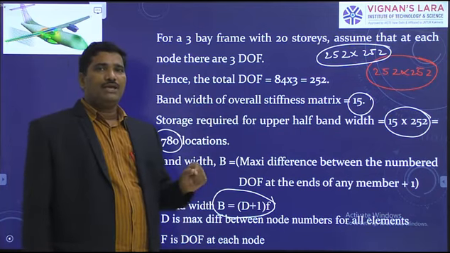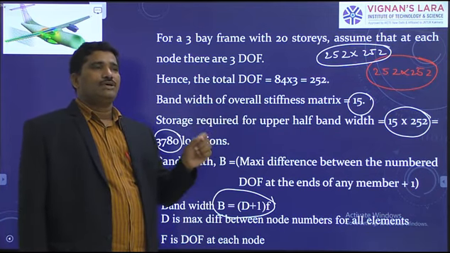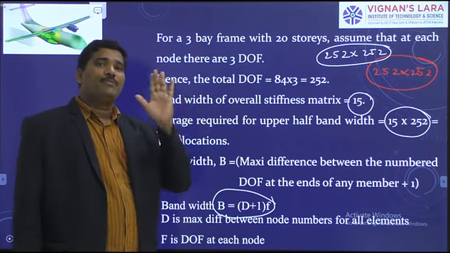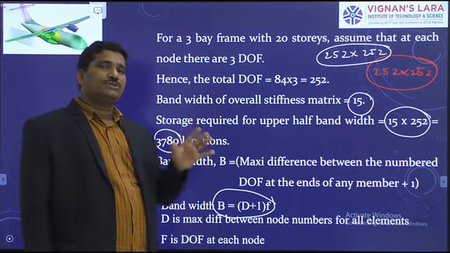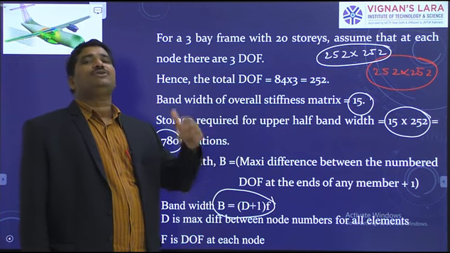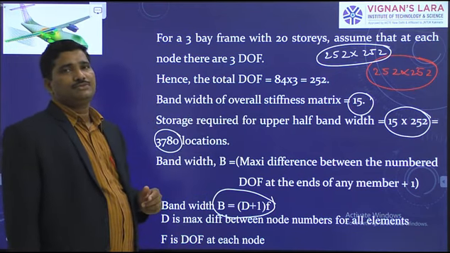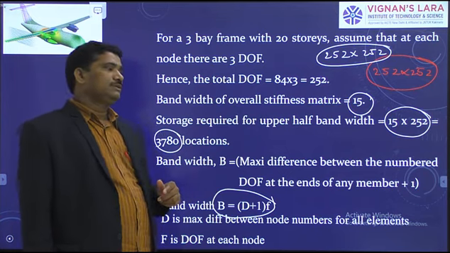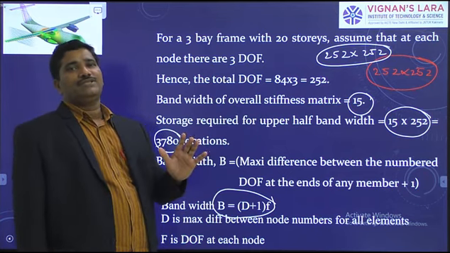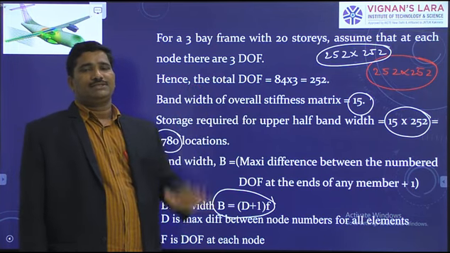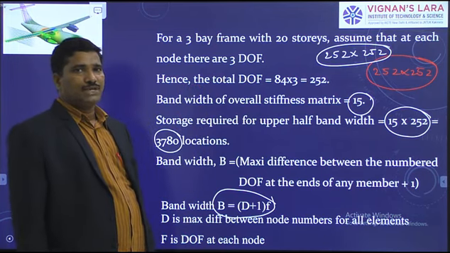We have seen locating the nodes when the material properties are changing. We have seen locating the nodes when there is discontinuity, right? And we also have seen the bandwidth of the matrix. Thank you very much.